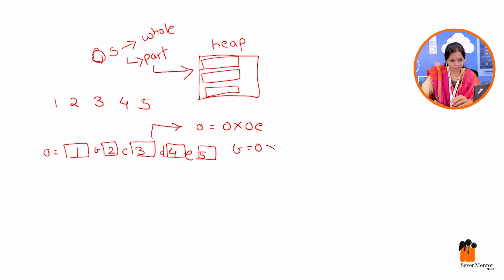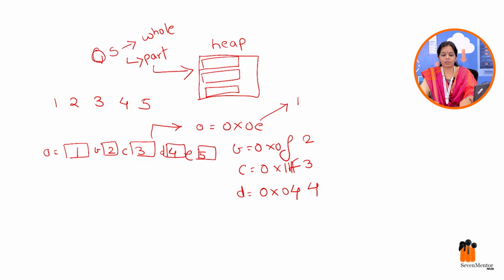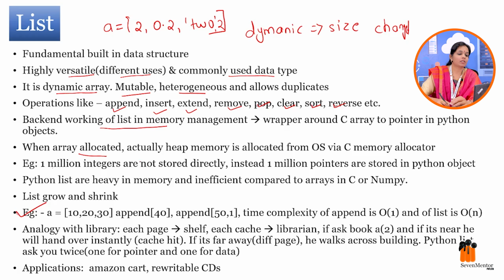B will be 0x0f, C will be 0x1f, D is equal to 0x04, likewise. So here the addresses will be stored, and at these addresses the values 1, 2, 3, 4 are stored. Okay. So why this, how this happens, we will be seeing in a while.